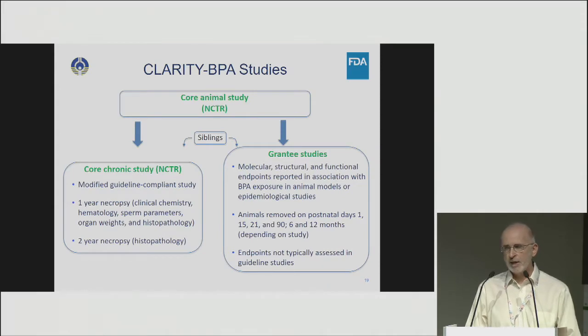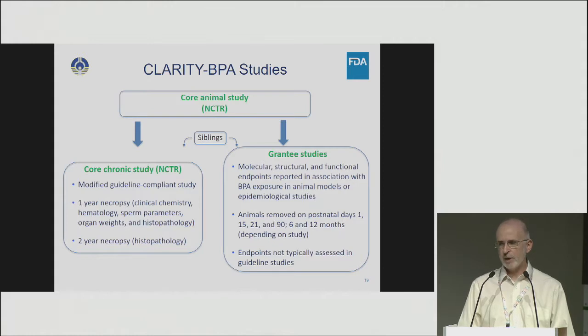Okay. So this is just a schematic of the way the study was done. The core study, as I said, was a modified guideline compliance study. We had a 1-year necropsy, which included a variety of standard endpoints, and a 2-year necropsy, which included only histopathology.